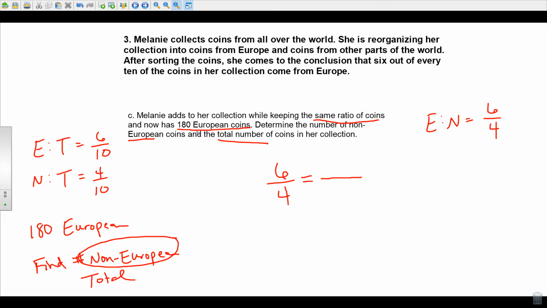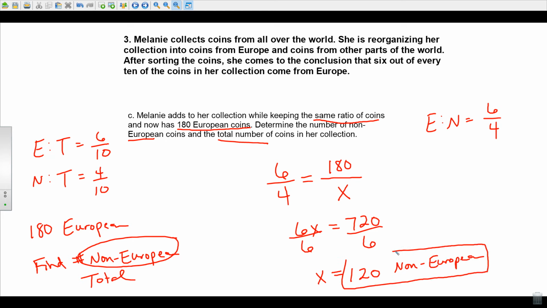The 6 represented European, so I'm going to put the 180 in the same spot that the 6 is. This is the spot that I'm trying to find. So 6 times x is 6x. 4 times 180 is 720. When I divide by 6, x is going to equal 120 non-European coins.